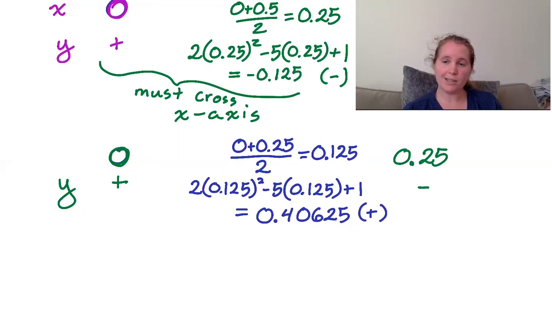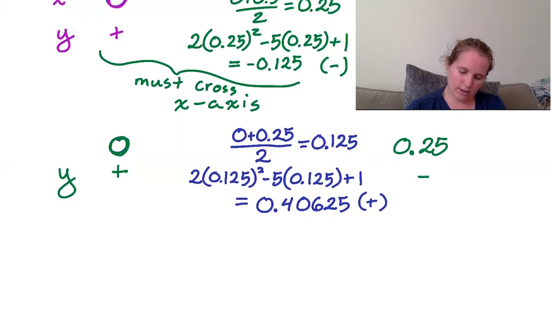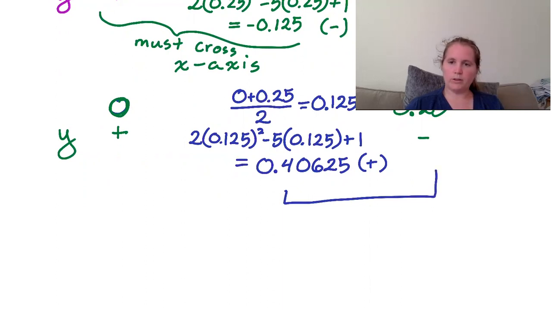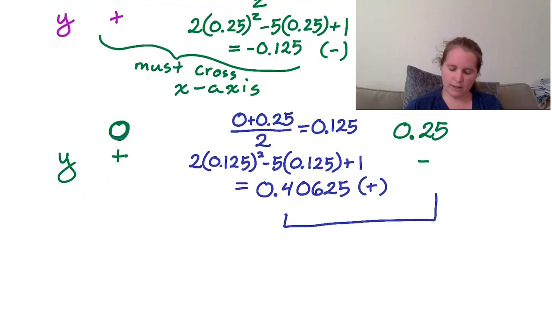So we don't know if we cross the x-axis there. But by the intermediate value theorem, we must cross the x-axis going from 0.125 to 0.25, where we switch from positive to negative. So we must cross the x-axis here.